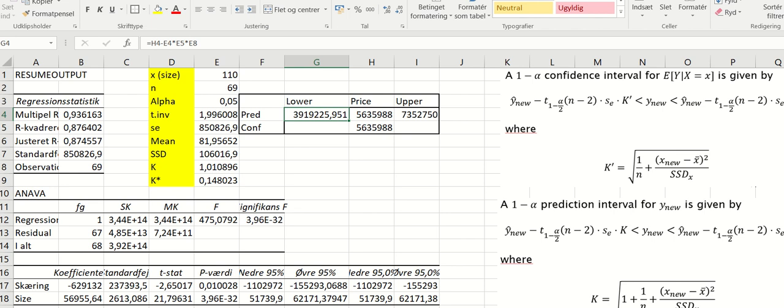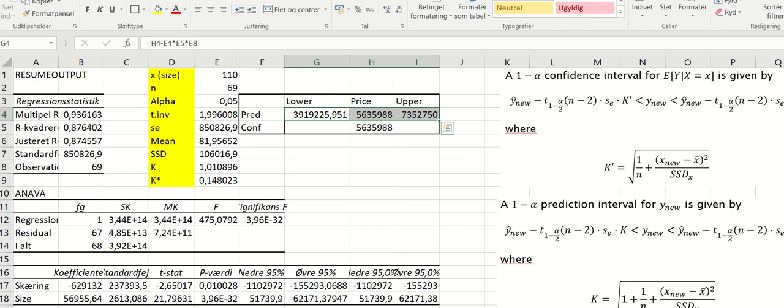It's between 3.9 million and 7.4 million. So if we're going to sell one apartment tomorrow of the size of 110, or we're going to buy one apartment tomorrow of size 110, we will expect the price to be between 3.9 million and 7.4 million kroner.